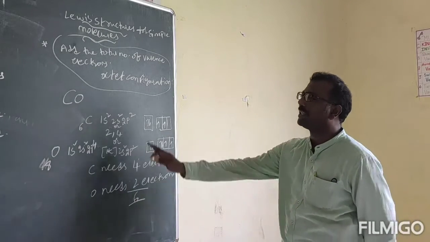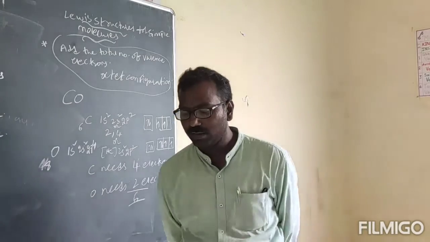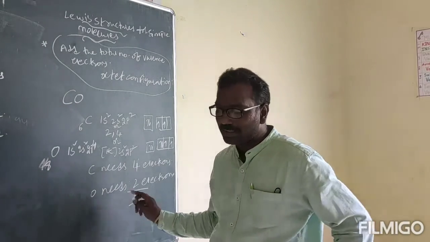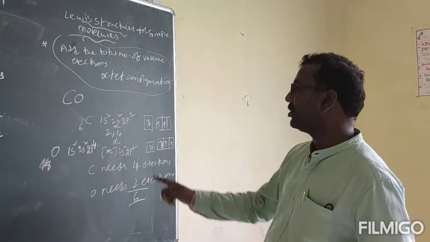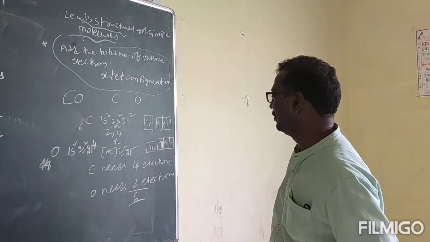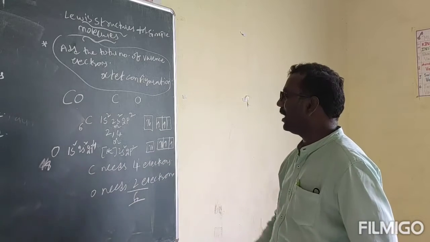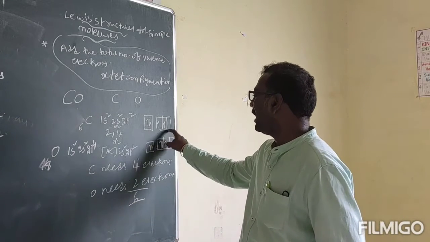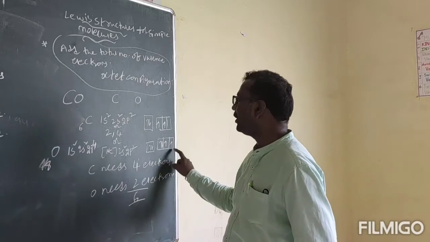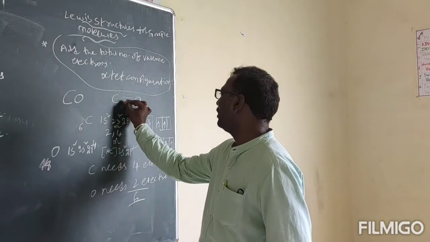Now how to draw the structure for this? That is important. So total 6 electrons are there, but they should be distributed between carbon and oxygen. Carbon needs how many? Oxygen needs how many? 2. So it will form a double bond.